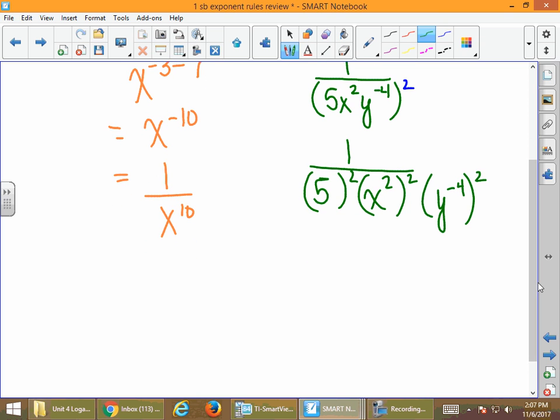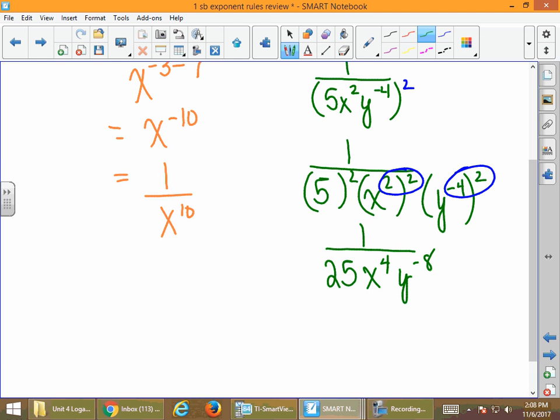So we simplify. 5 squared means 5 times 5, which is 25. X squared squared, there's our superpower. 2 times 2 is 4. I'm going to superpower with the y's also. So negative 4 times 2 is negative 8.